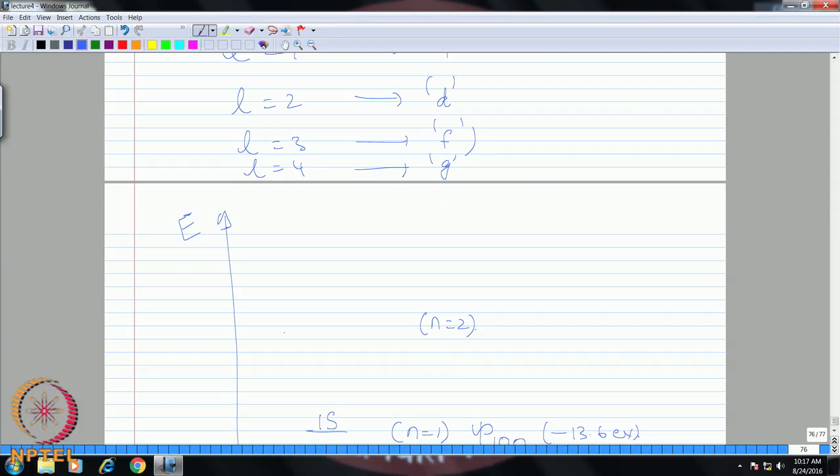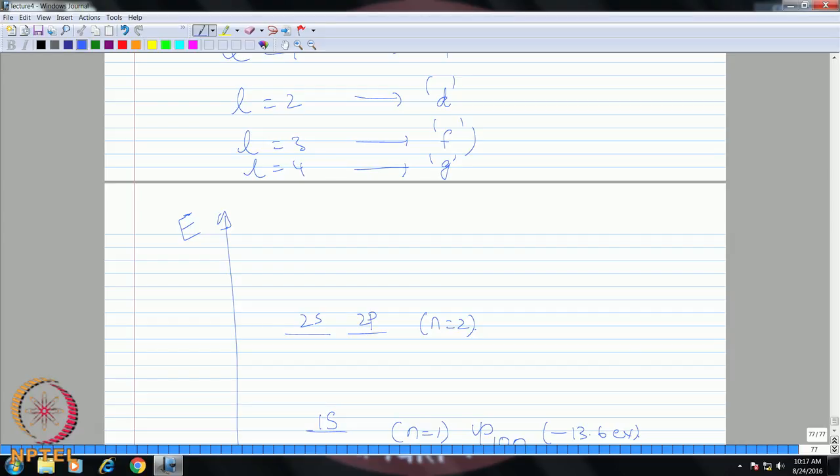We call these 2s and 2p, because this 2 comes from the value of n. So, we have 3 quantum states corresponding to 2p and 1 quantum state corresponding to 2s, or in other words you can have 3 electrons occupying 2p and 1 electron occupying 2s.